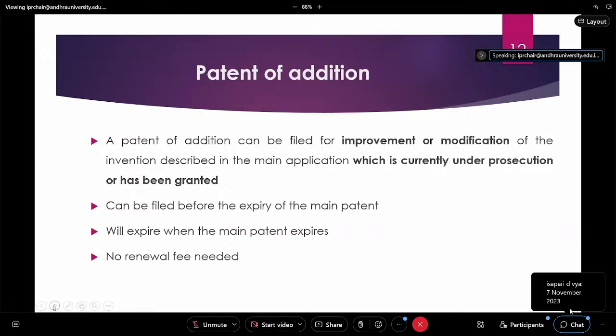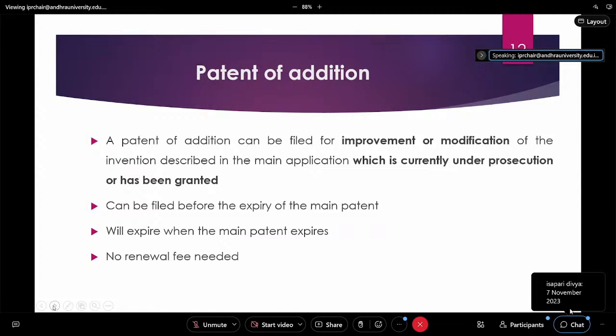So it can be filed before the expiry of the main patent. It will expire with the main patent. That may not be fair, but that is the way it works. So you can file it anytime when the 20 years window is alive. However, it will expire along with the main patent.